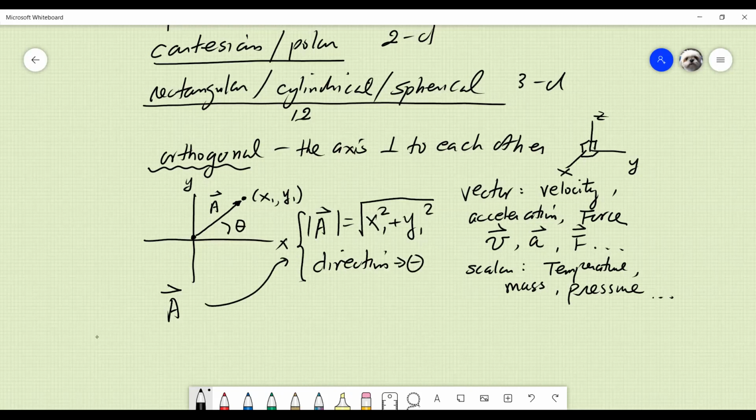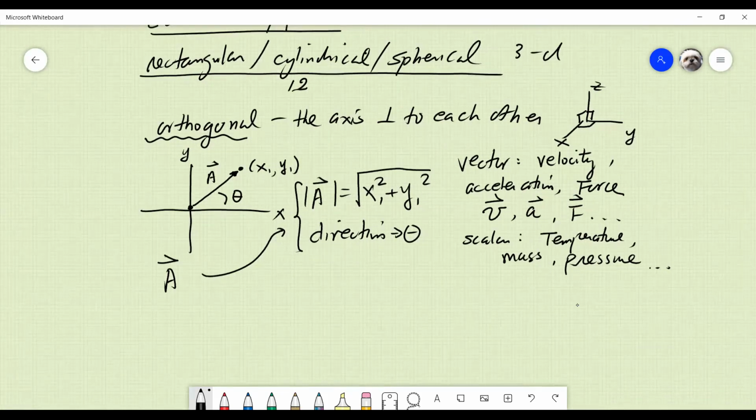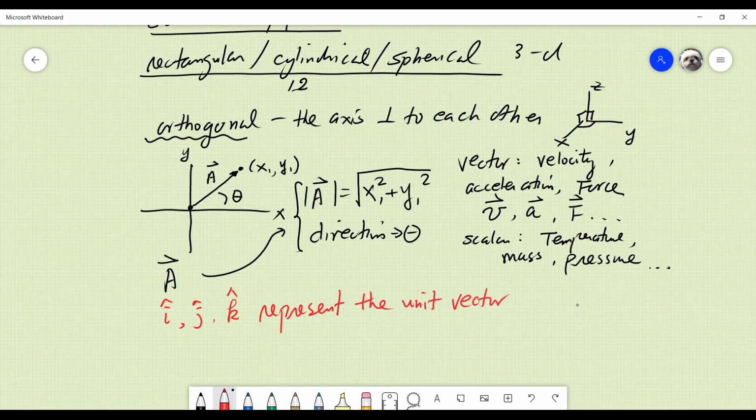Now, a lot of the time, we like to use this IJK notation, right? So I can tell you that beforehand. Now, what is the IJK notation? The IJK represent the unit vectors along the X, Y, and Z axes.